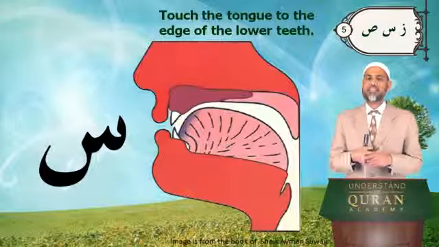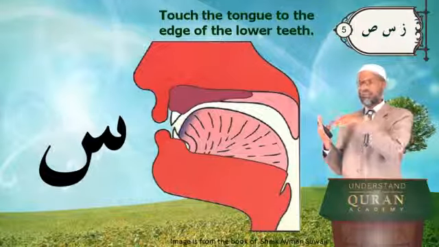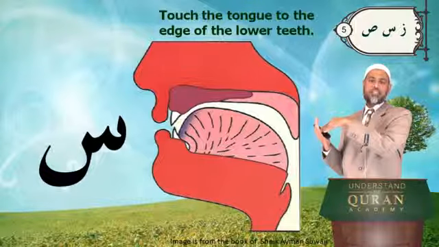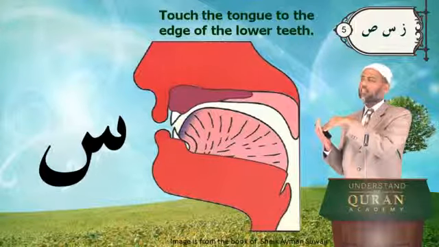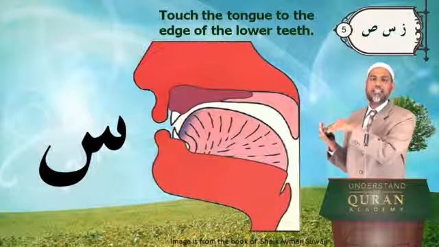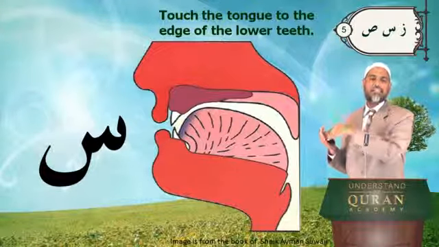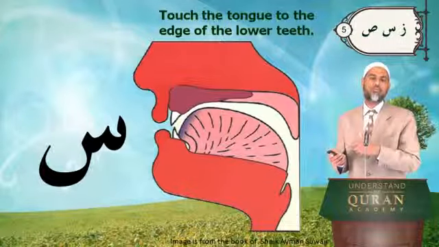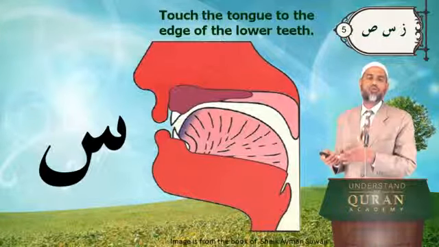How do you say sin? Touch the tongue tip to the edge of the lower teeth, as is clear from the picture, and then say sa, or s. The name is sin, the sound is sa, or si, or su, or as.